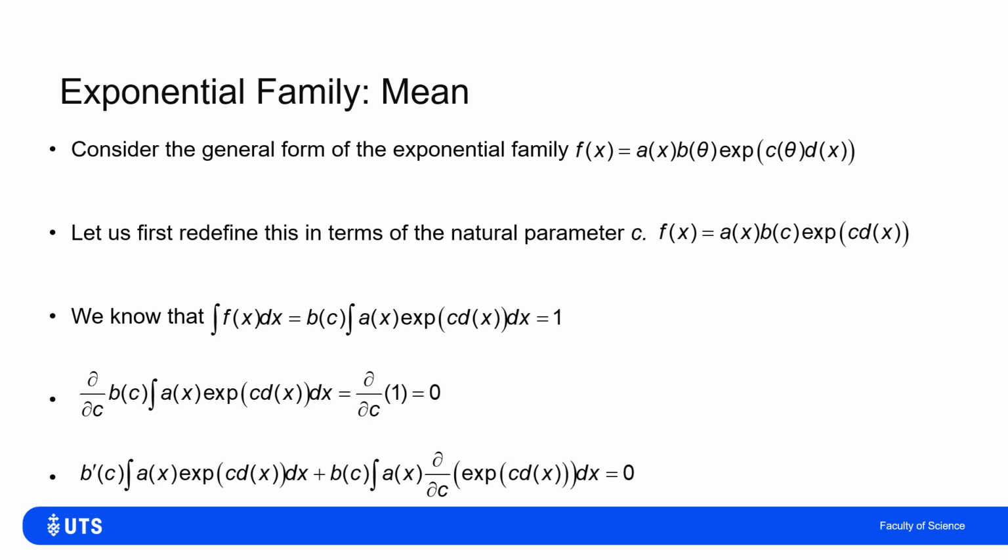What this does mean is if I actually do the derivative on the left, then differentiating b of c times this integral will give me b dashed of c times this integral plus b of c times the derivative of this integral. Now, I've maybe been a bit slack pulling the derivative through the integral sign, or at least justifying that, but those two things have to sum to 0.